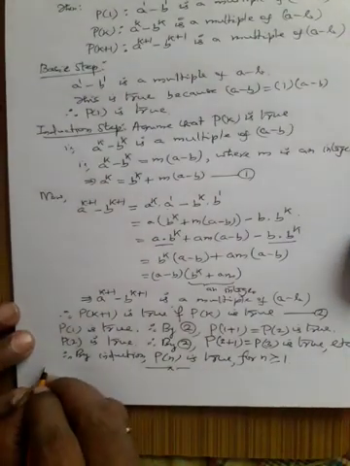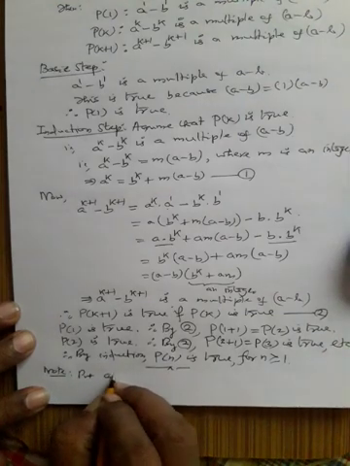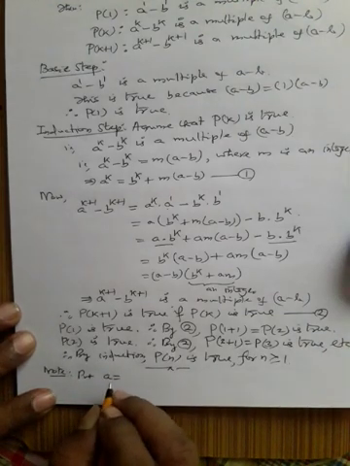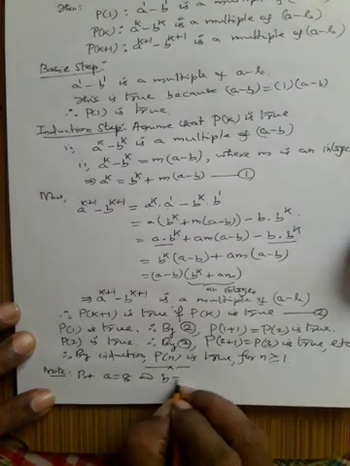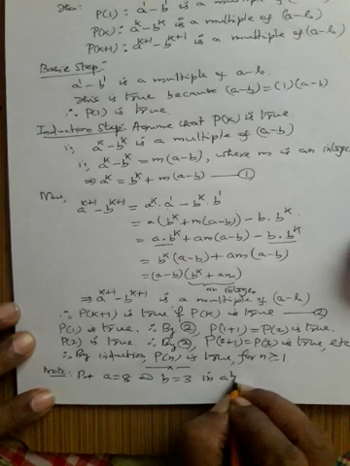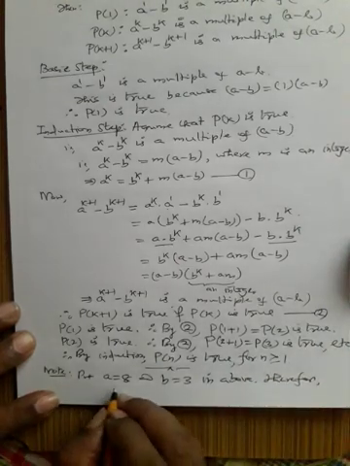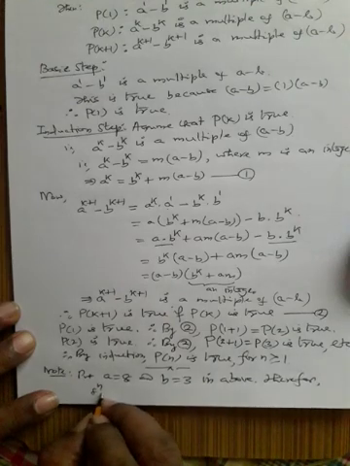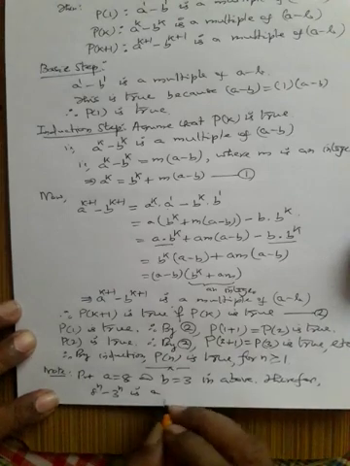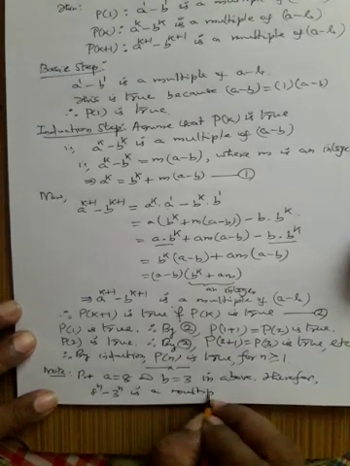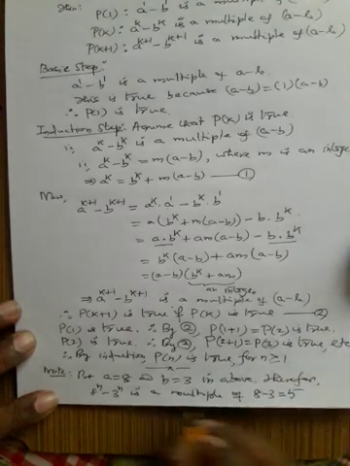Now we make a note. Put a equal to 8 and b equal to 3 in the above. Therefore, a power n, that is 8 power n minus 3 power n, is a multiple of 8 minus 3, which is equal to 5.